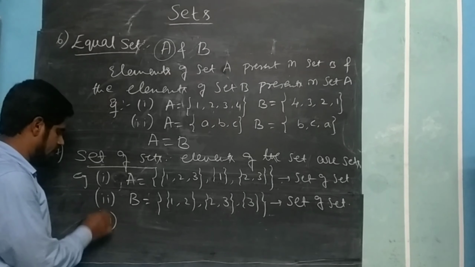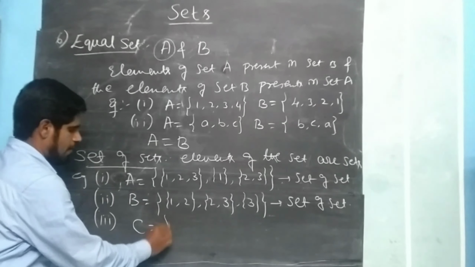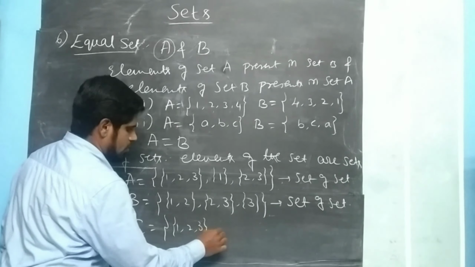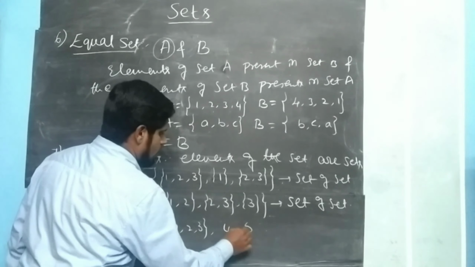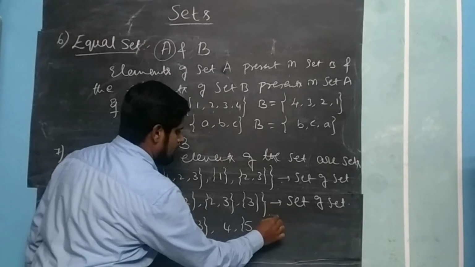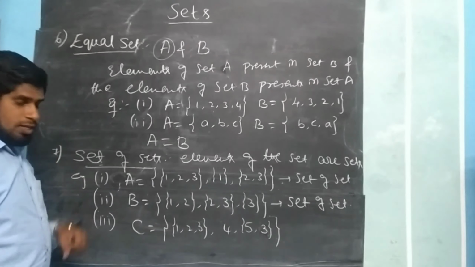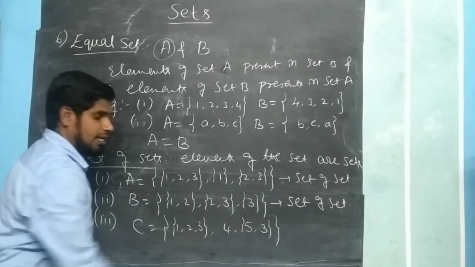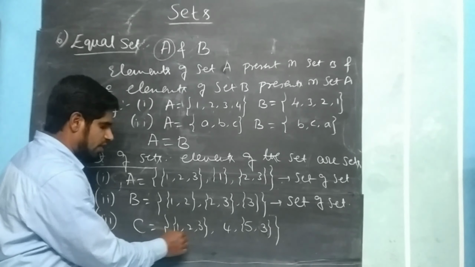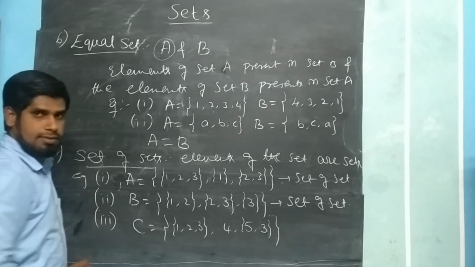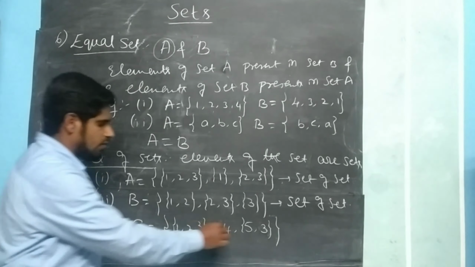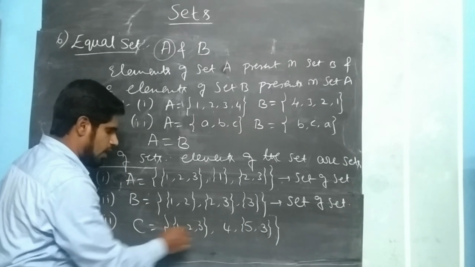Another example we take. Let C be a set with elements {1, 2, 3}, 4, {5, 3}. Any numbers we can take. So this set C is not a set of sets, because every element of set C is not a set. {1, 2, 3} is a set and it is an element of C. {5, 3} is an element of C and it is a set.